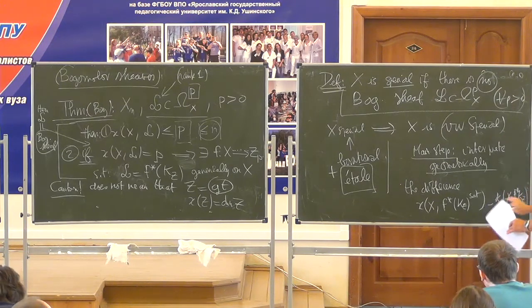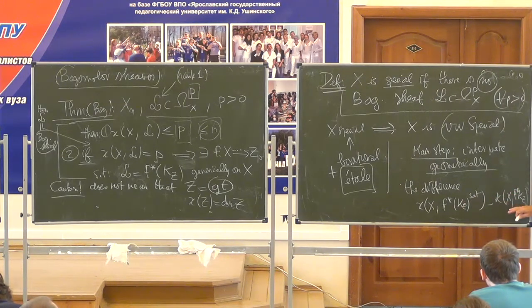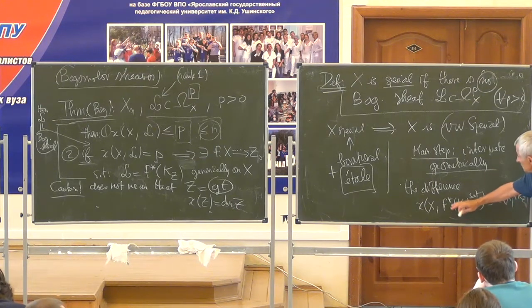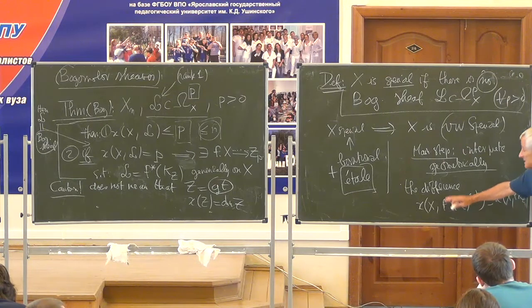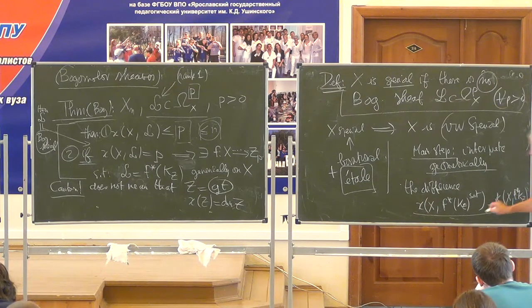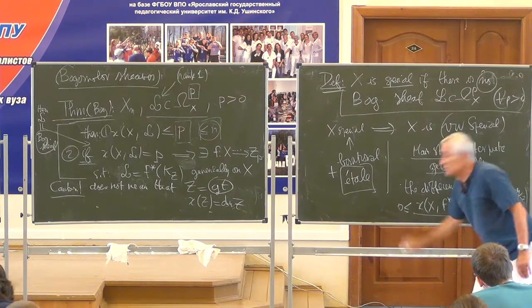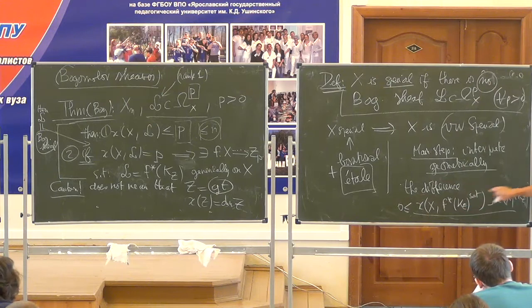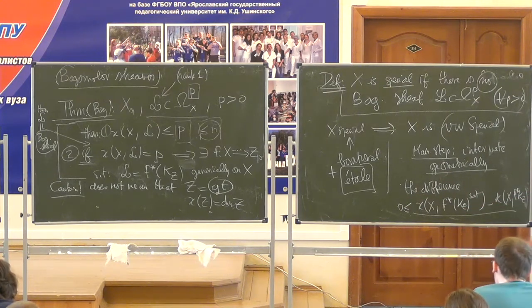So do you see, we have two sheaves here. The first one is the line bundle f star of Kz, and the second one is larger, which is its saturation. Now we will give an interpretation of this difference. Of course, this difference is certainly positive, because this one is larger than this one.